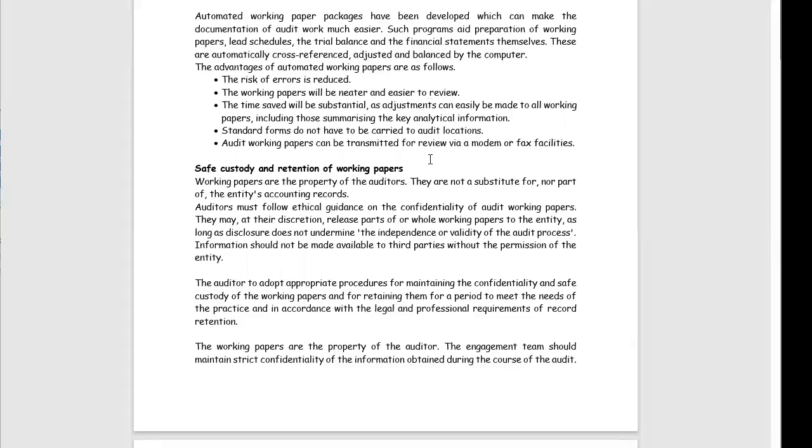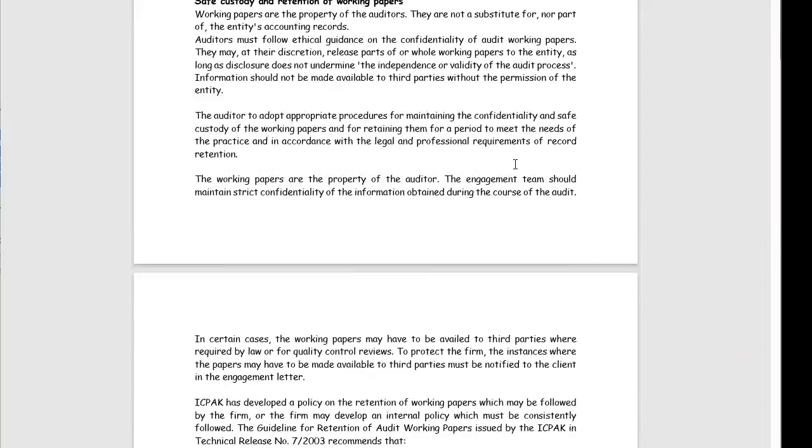Three, the time saved will be substantial as adjustments can easily be made to all working papers, including those summarizing the key analytical information. Four, standard forms do not have to be carried to audit locations. Five, audit working papers can be transmitted for review by modem or fax facilities.